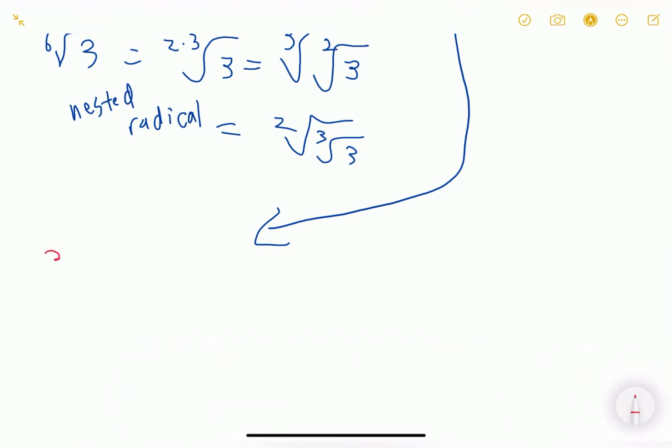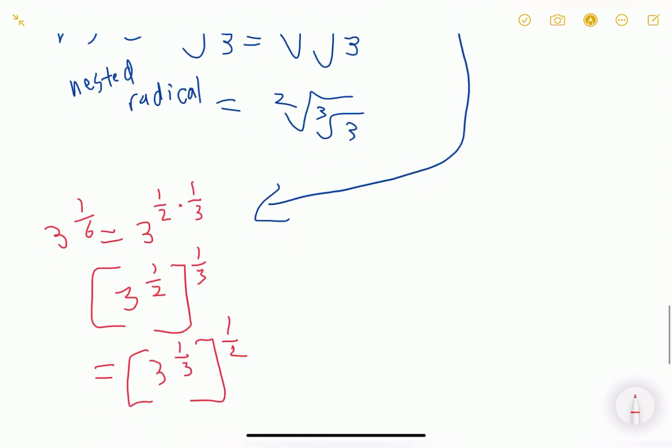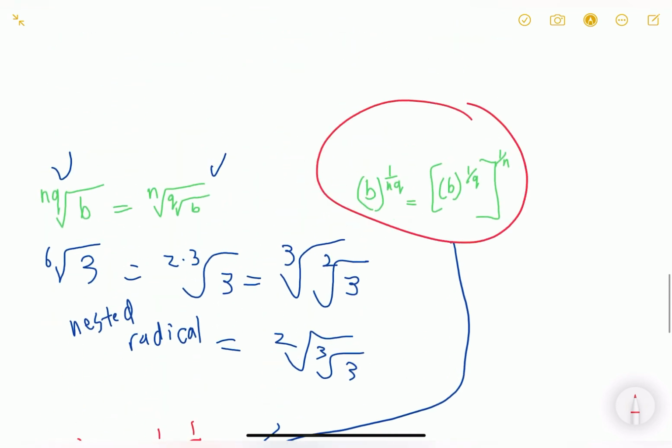So we said that 3 to the 1 over 6 is equal to 3 to the 1 over 2 multiplied by 1 over 3, which is the same thing as 3 to the 1 over 2, and don't forget the brackets, and then 1 over 3. Now the final answer is going to be 3 to the 1 over 3, in brackets, to the 1 over 2. Now we have proved that this is equal to this is equal to this, so they are all equal.